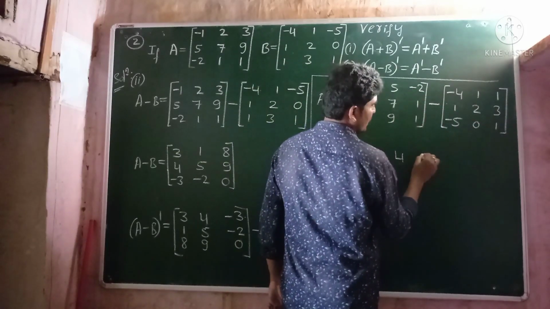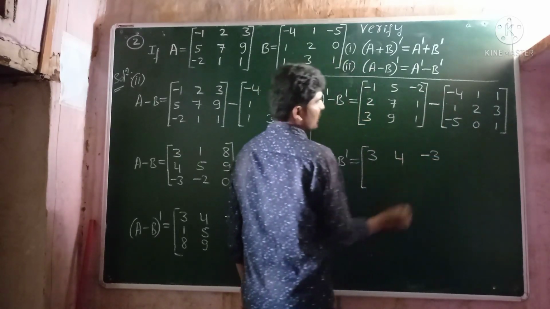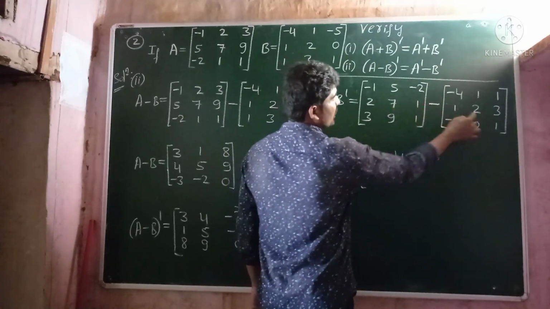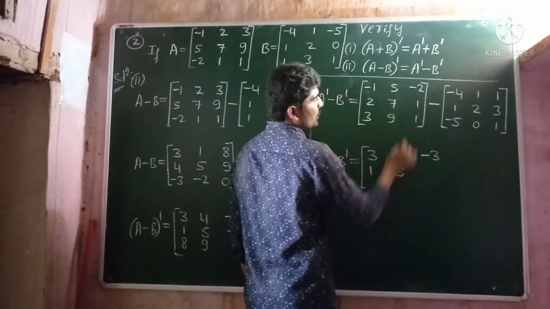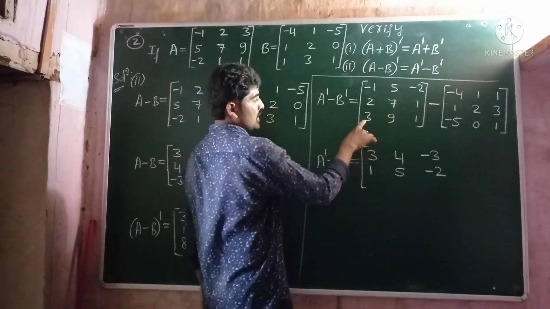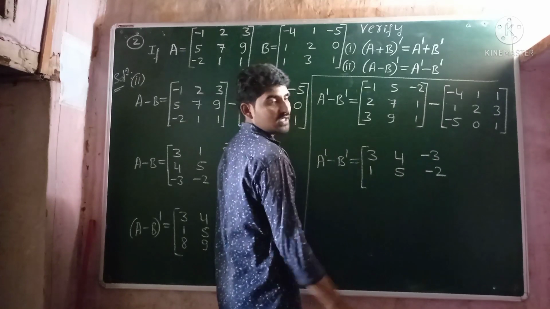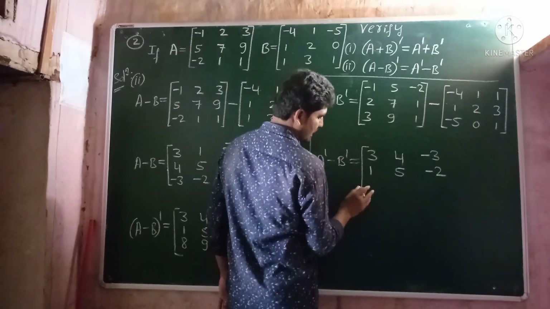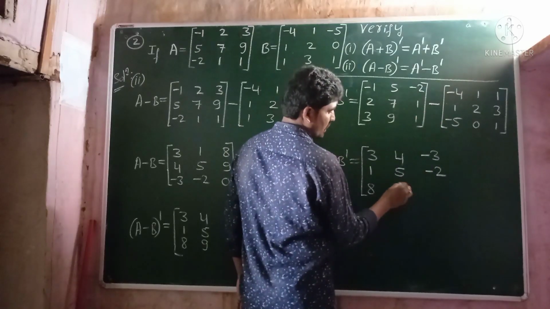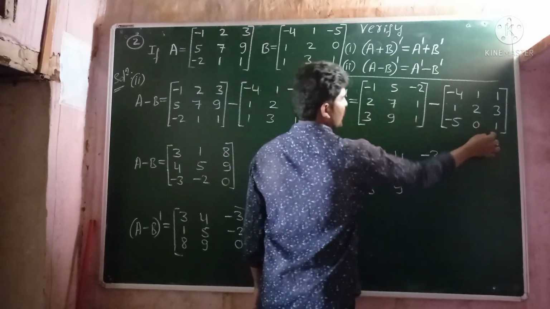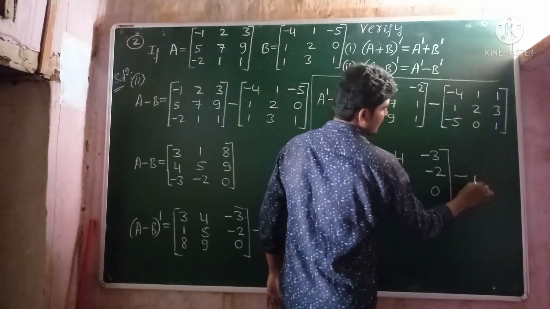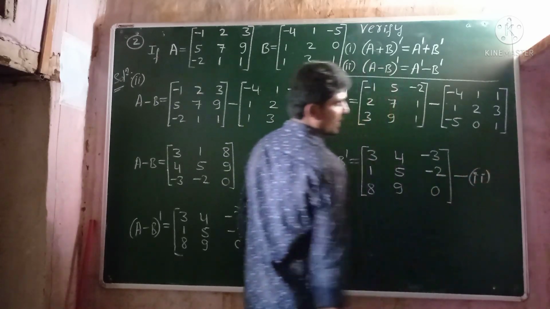Minus 2 minus 1, minus 3. 2 minus 1, 1. 7 minus 2, 5. 1 minus 3, minus 2. 3 minus into minus plus, so 3 plus 5 is 8. 9 minus 0, 9. 1 minus 1, 0. And call this matrix as equation number 2.